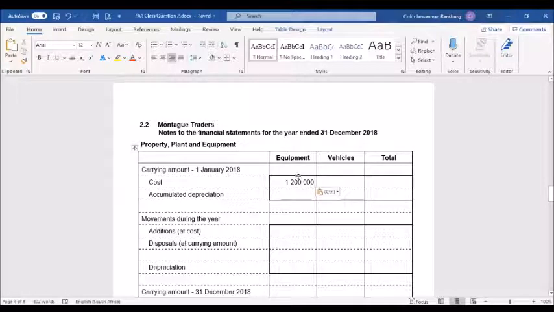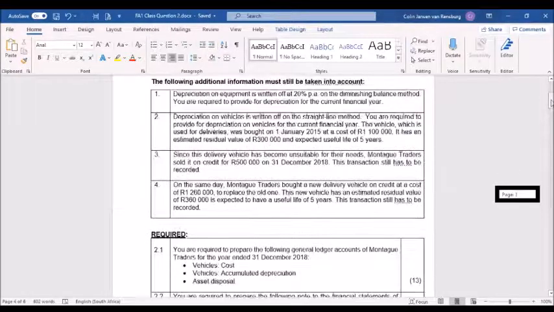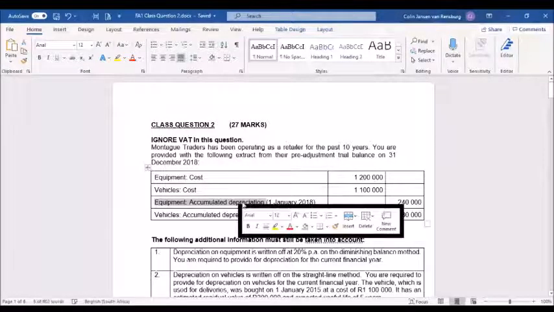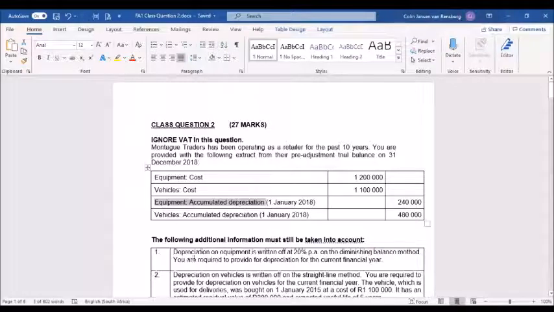Okay, staying with equipment, ladies and gents, what was the opening balance on our accumulated depreciation account? So let's go up there. We see there is an account called equipment : accumulated depreciation. When we started this class today, I just reminded you of how we designed the names of our general ledger accounts that combine to contain the carrying amount of property, plant, and equipment.